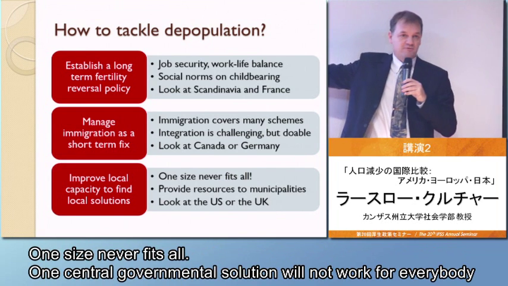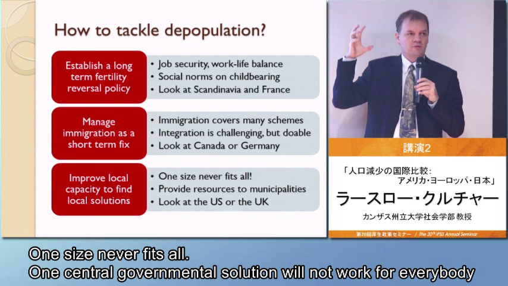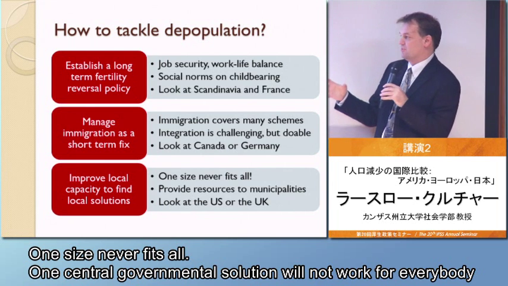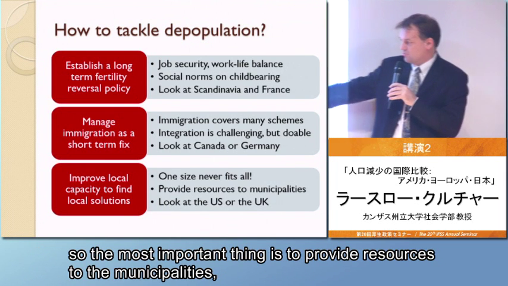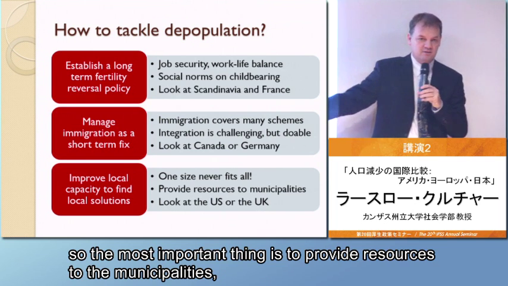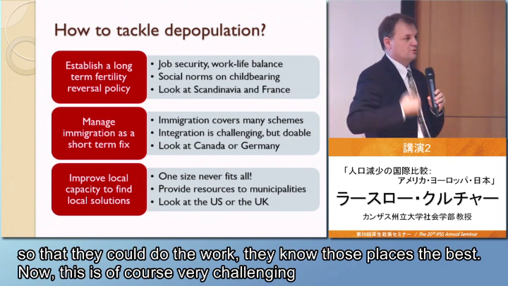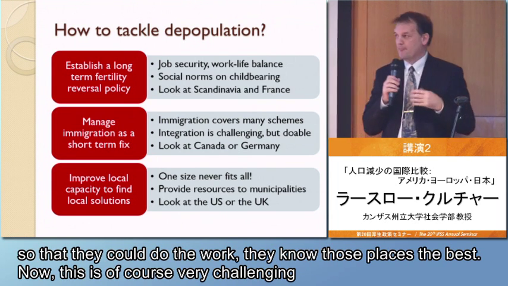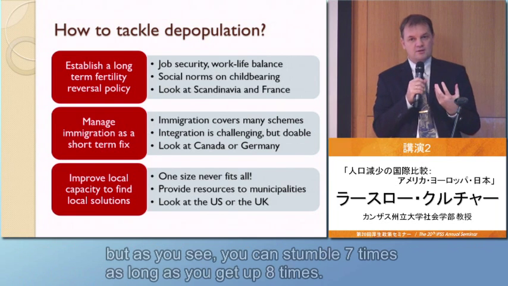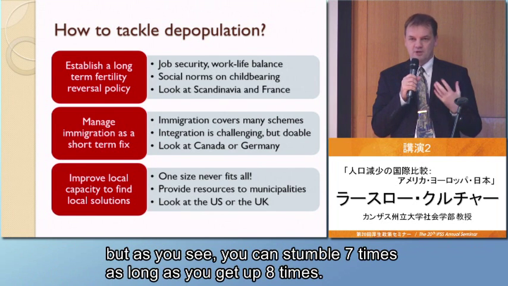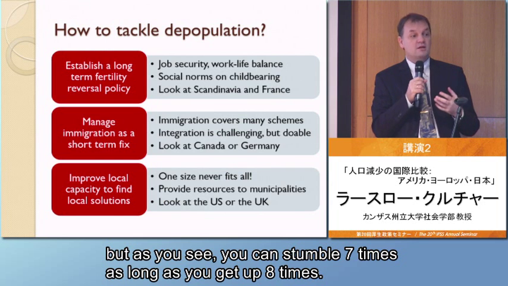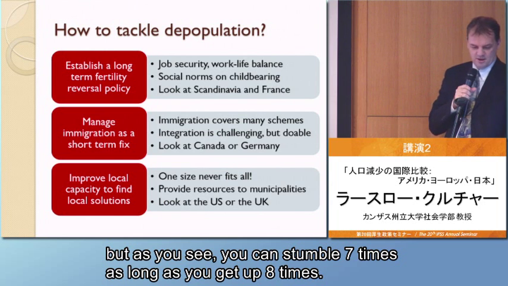One size never fits all. One central governmental solution will not work for everybody. So the most important thing is to provide resources to municipalities so that they can do the work. They know those places the best, right? Now this is of course very challenging, but as you say, you can stumble 7 times as long as you get up 8 times.